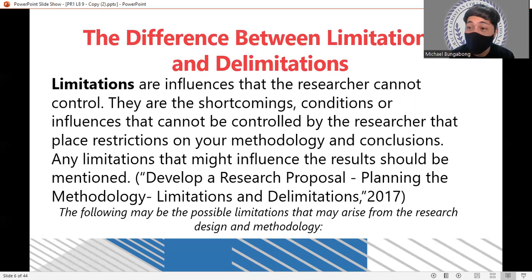What are the differences between limitations and delimitations? So we all know, class, that limitations are influences that the researcher cannot control. So it has something to do with things beyond your control. Like, when we say that you cannot control something, it's not included in your own power.